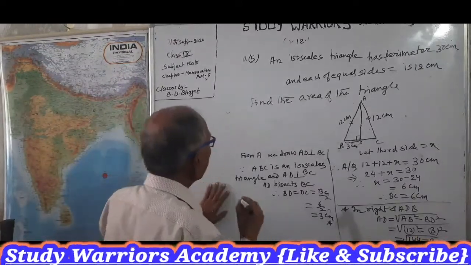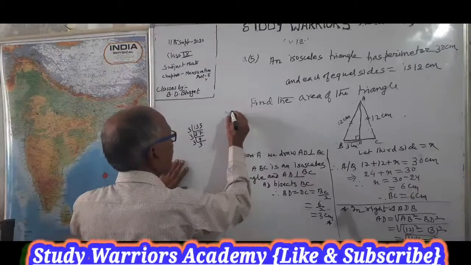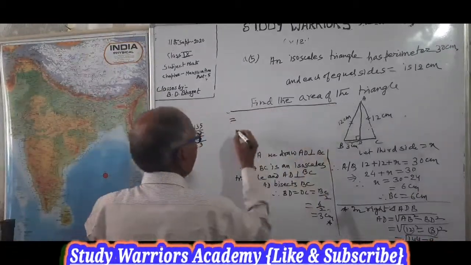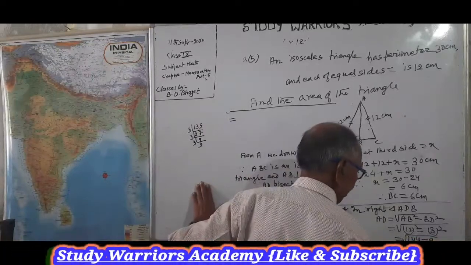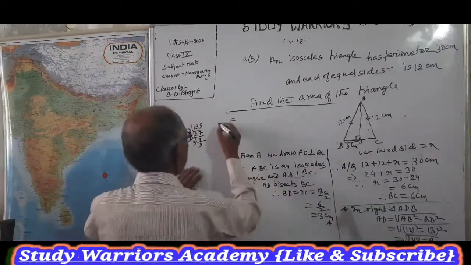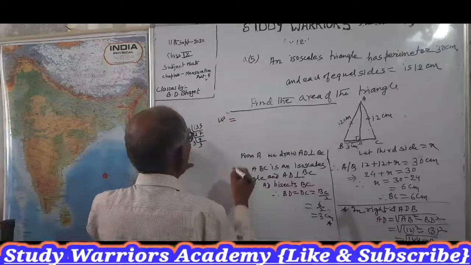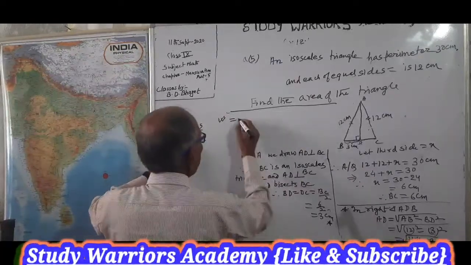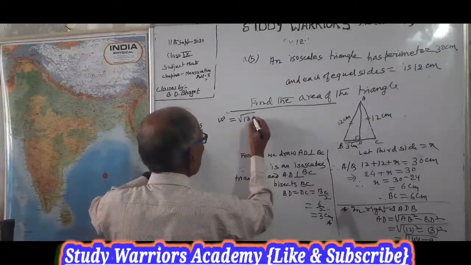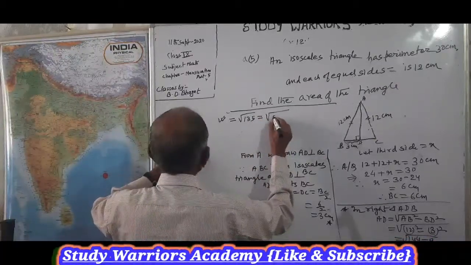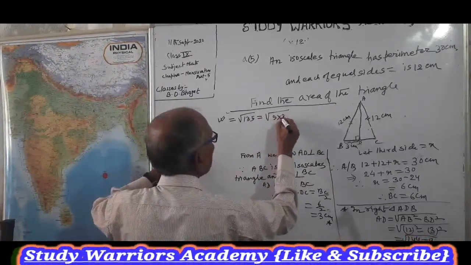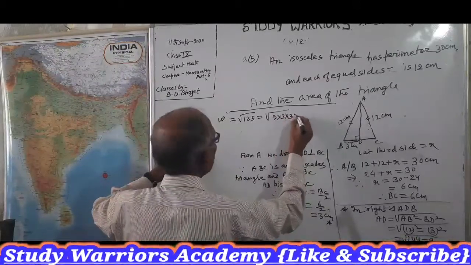So it will be written like this. Root over 135 means 5 into 3 into 3 into 3.